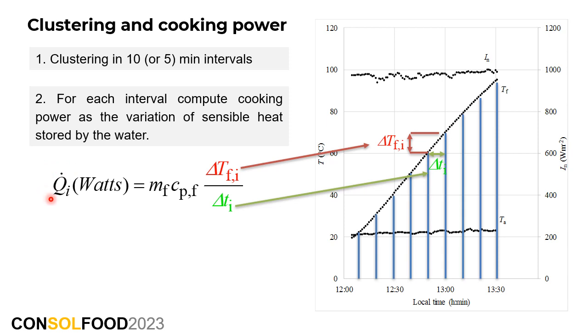The cooking power for a particular interval in watts is calculated as the mass of liquid, in this case 2 kilos of water, multiplied by the specific heat of the water and multiplied by the ratio between the variation of the water temperature in this interval and the duration of the interval, in this case 10 minutes.